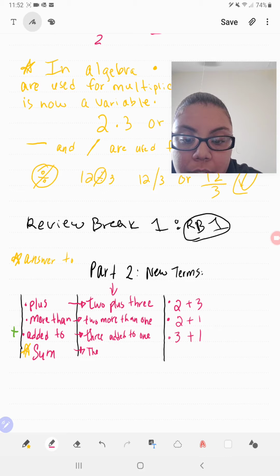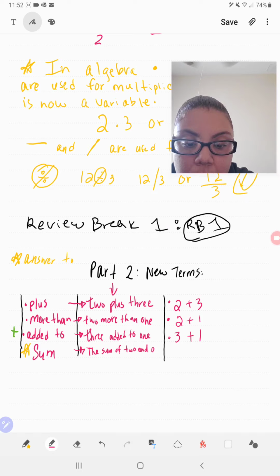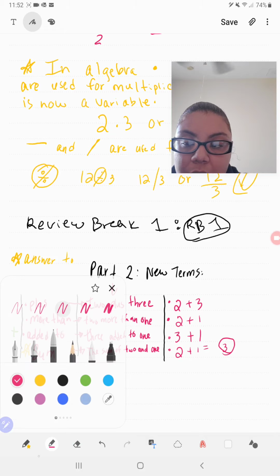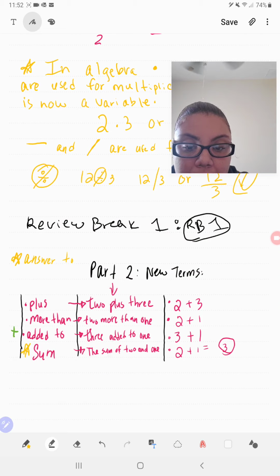So the sum of 2 and 1. So 2 plus 1 equals 3. So remember, 3 is the answer. Okay, so that's plus.